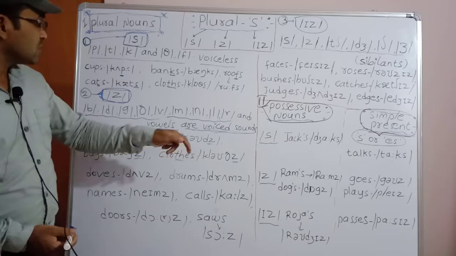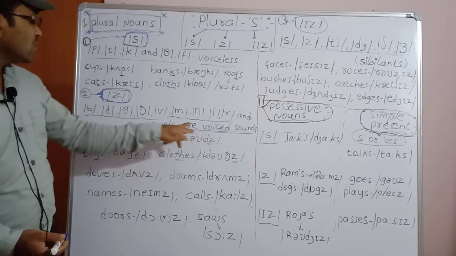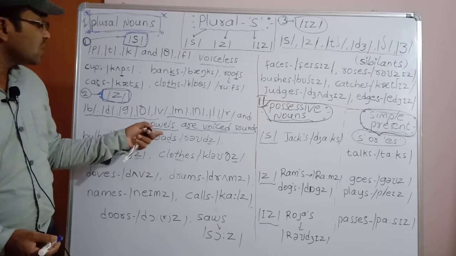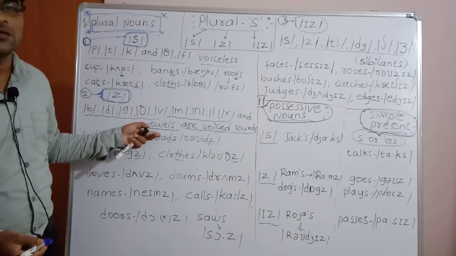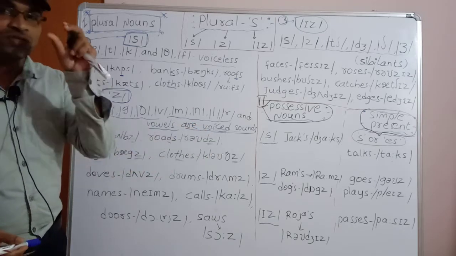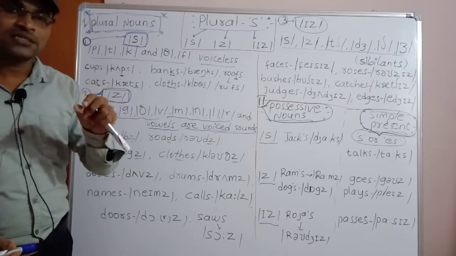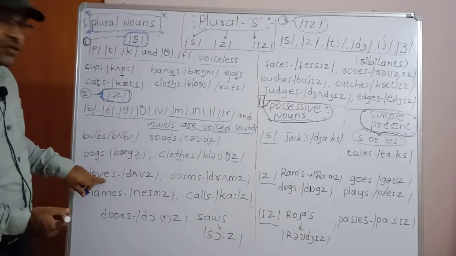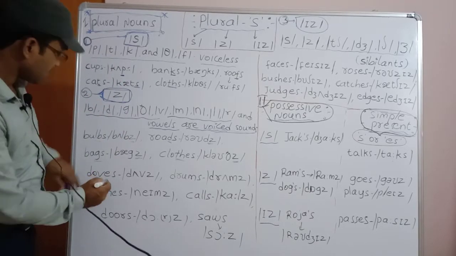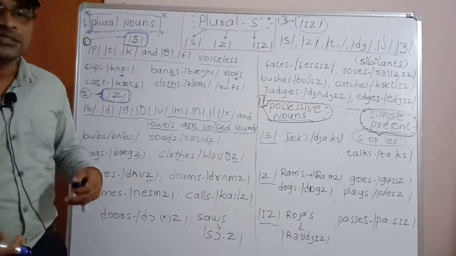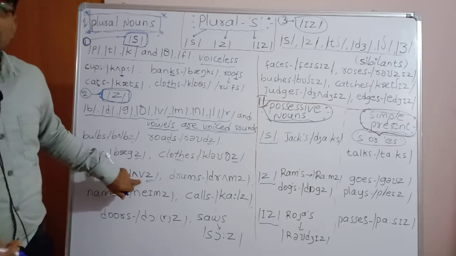Dove. Sometimes these sounds are followed by vowels, but the plural s sounds like z. Dove, v, sound is z. Doves.